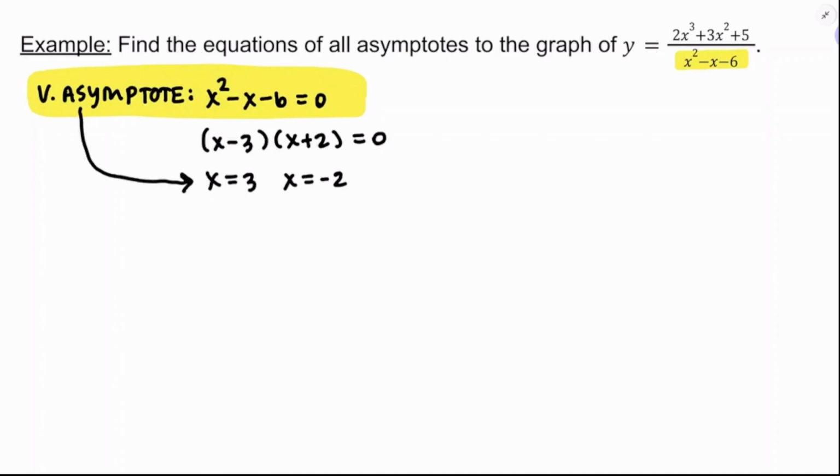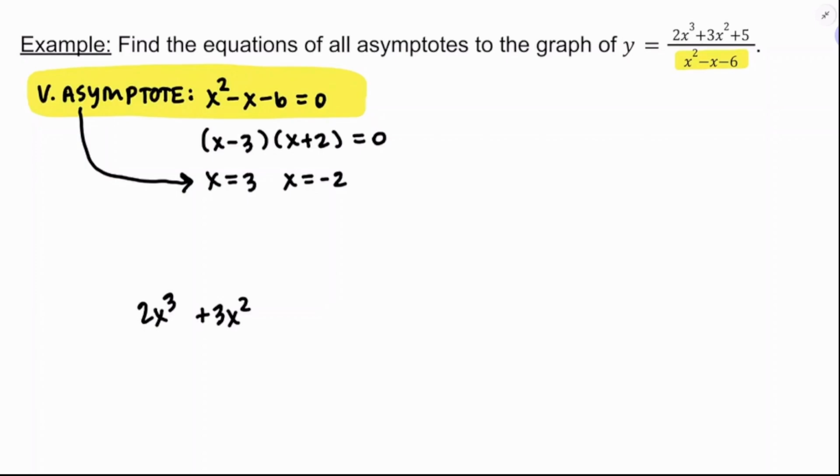Okay. Now we might also consider slanted asymptotes, and if we see the degree on bottom is 1 less than the degree on top, we are going to have a slanted asymptote. So what am I dividing? I'm dividing 2x cubed plus 3x squared plus 5. Okay, and that's why I put this example in, because this is missing a term.